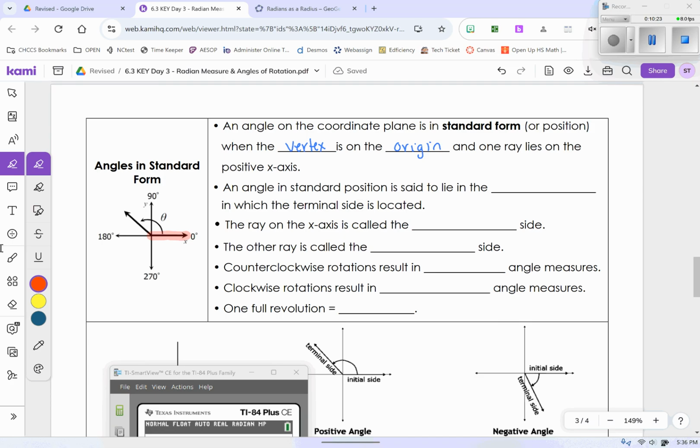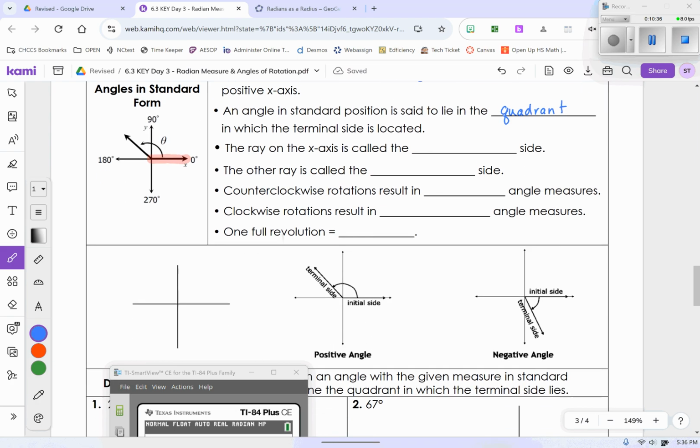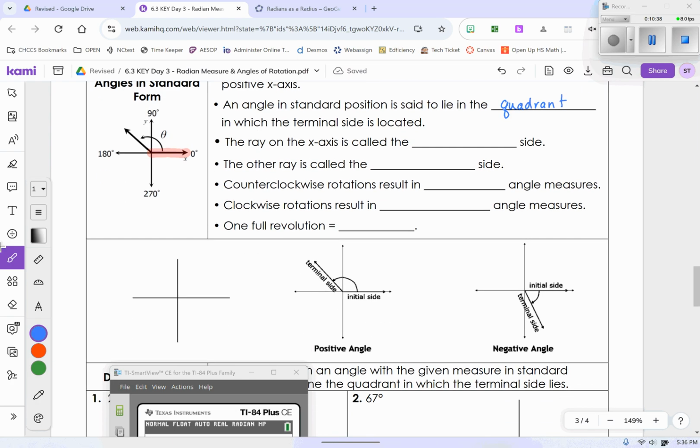An angle in standard position is said to lie in the quadrant in which the terminal side is located. So we have our different quadrants. I'm just going to come down here. This, of course, is going to be quadrant 1, quadrant 2, quadrant 3, and quadrant 4 is how we name the quadrants.